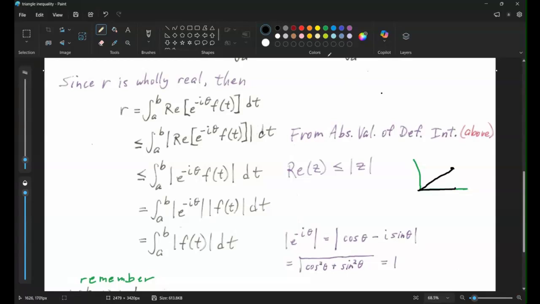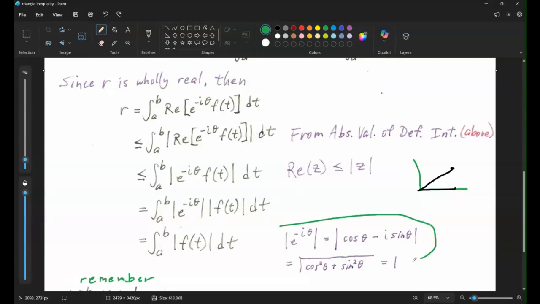Okay, from here to here, all I've done is split the absolute value up into two parts. And the absolute value of e to the negative i theta is 1, just like if this were positive.